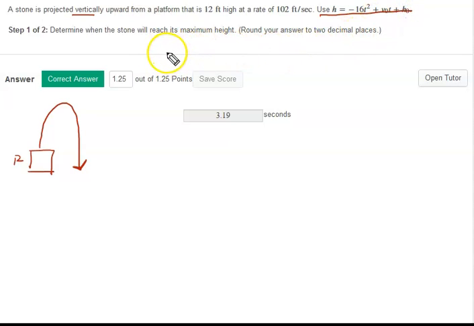So let's set this up. So negative 16 t squared plus our rate is 102 t, and our initial height we're saying is 12 feet.